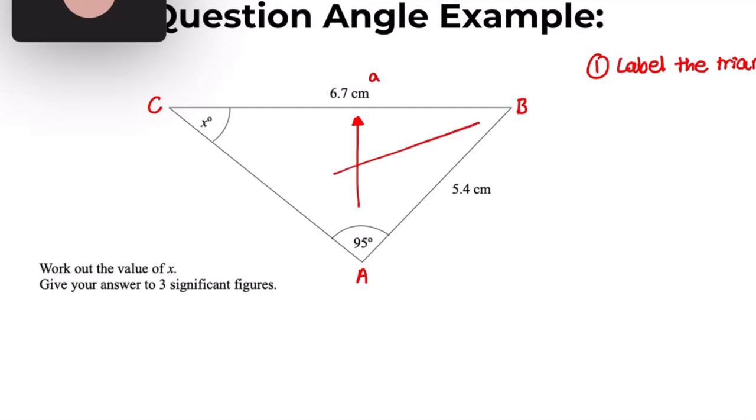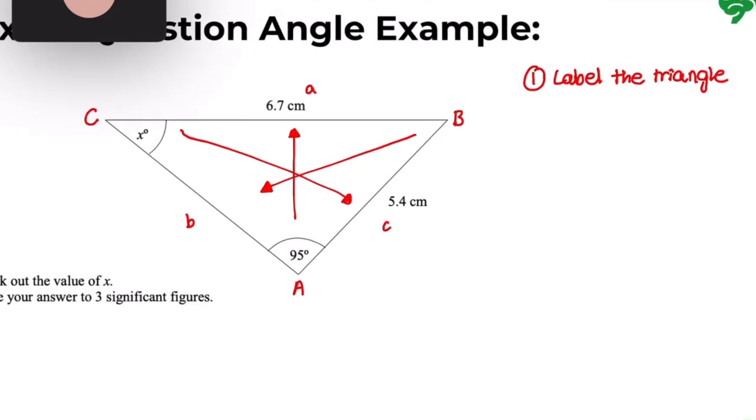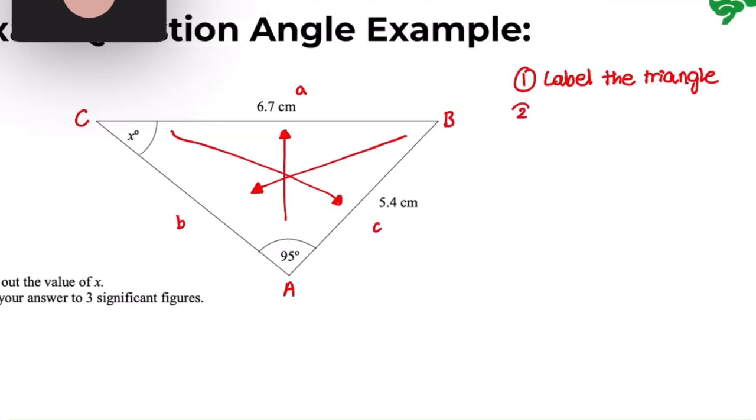Opposite capital B, I'm going to label as lowercase b. And opposite capital C, I'm going to label as lowercase c. Just like that. Step 2, I'm going to cross out the letter which we don't need.